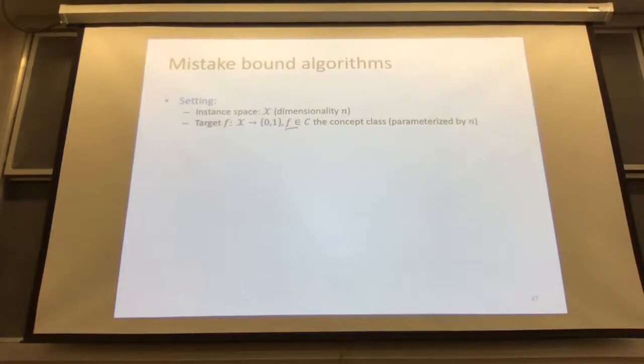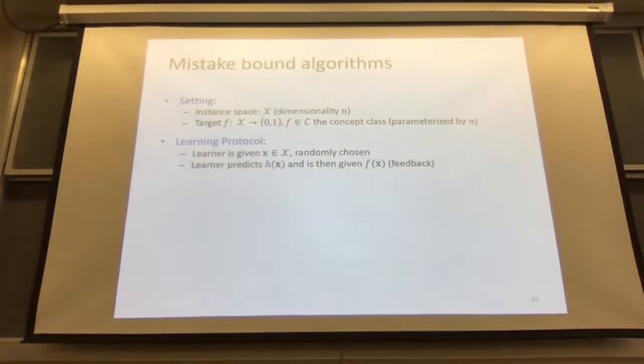For now, we'll assume that the learner knows what the concept class is. So the learner knows the concept class, it knows the hypothesis space. So the size of the concept class, we'll see why later, but assume for now that the size of the concept class, the number of functions that are in C, is dependent on the dimensionality. As the dimensionality increases, the number of functions increases.